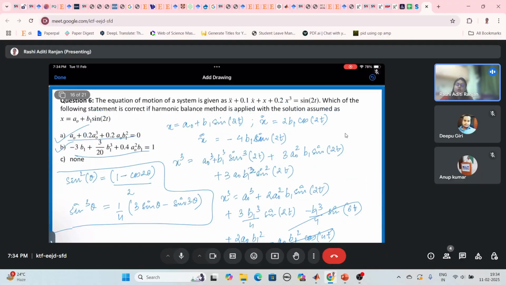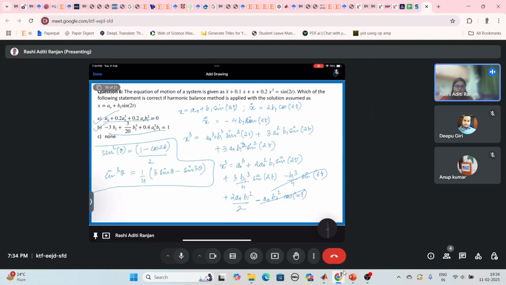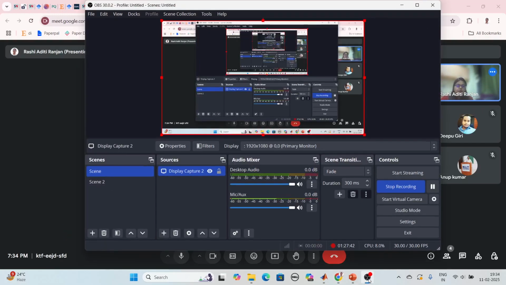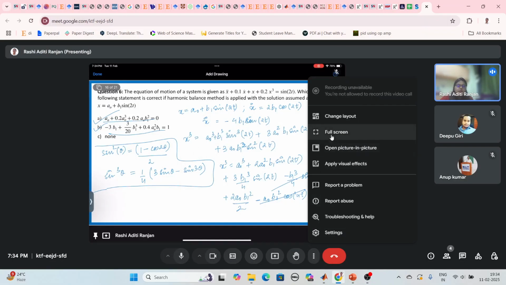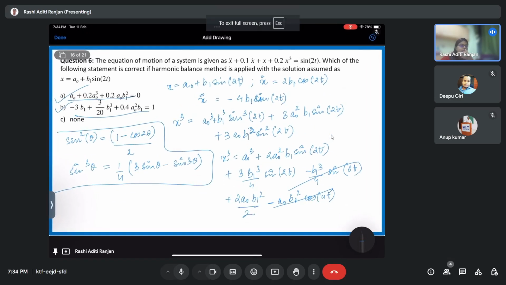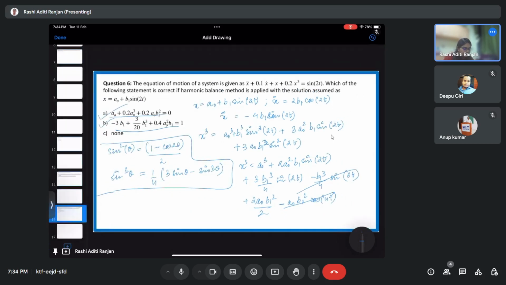Okay, so what did we do? We just applied the method of harmonic balance on the equation. We evaluated the expressions, then we put it in the main differential equation, and then we equated the coefficients of the harmonic terms and the constant term, and we got two expressions, right?